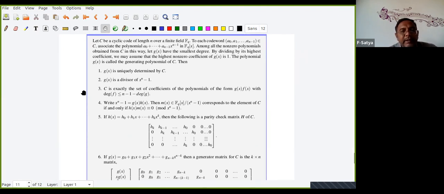Is it visible? I reduced it so that everything is in one place. Any questions?